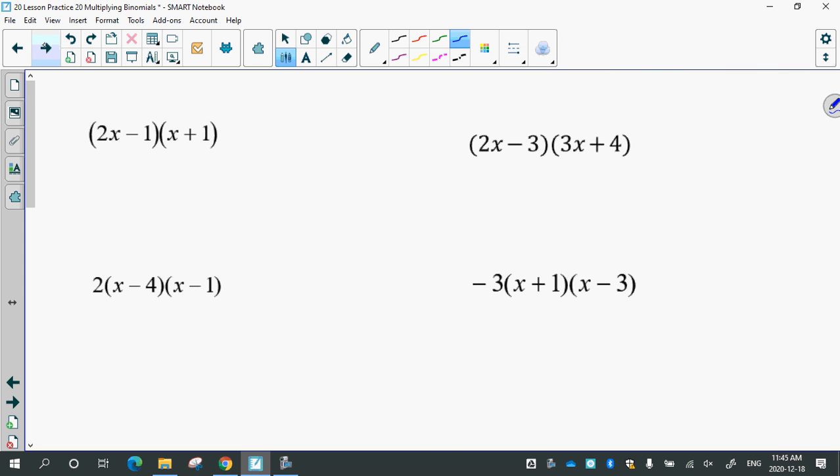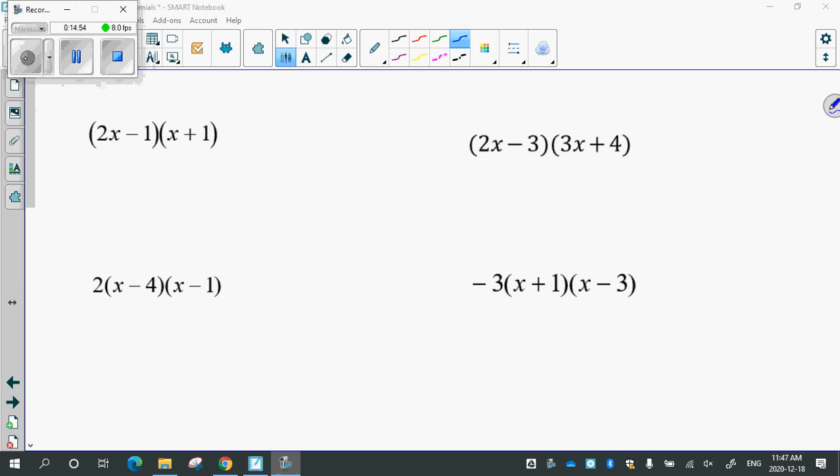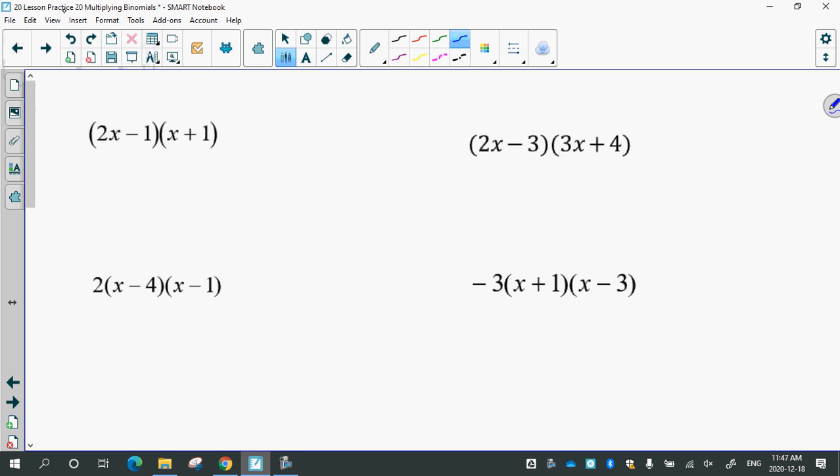Okay, try the next 2. I'll just pause it. So first, outside, inside, last. 2x times x is 2x squared. 2x times positive 1 is positive 2x.